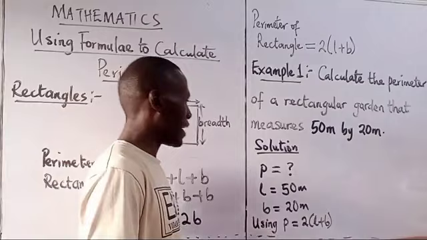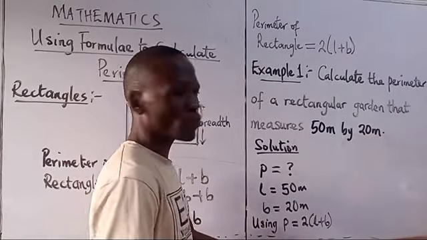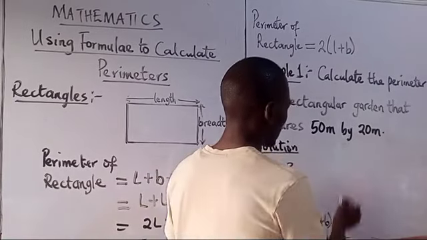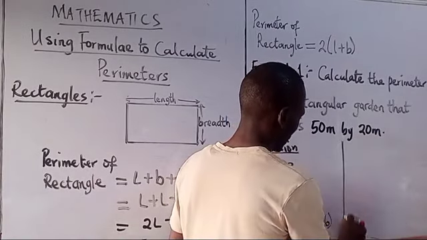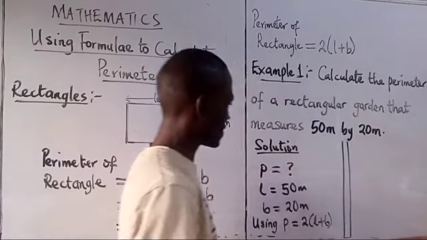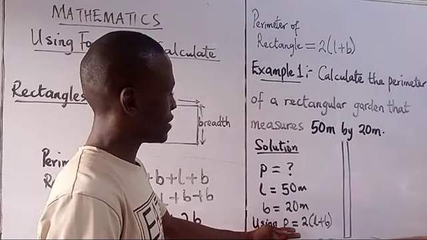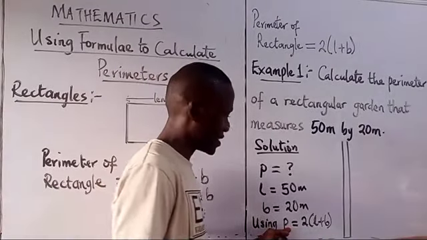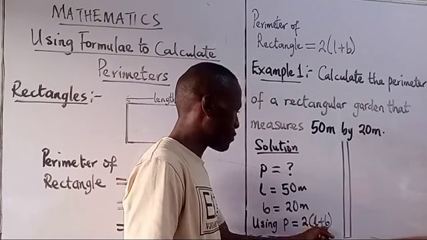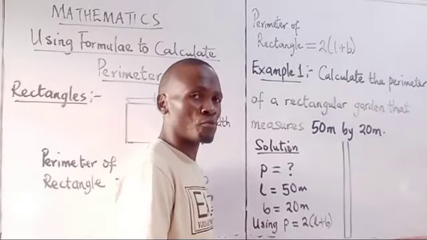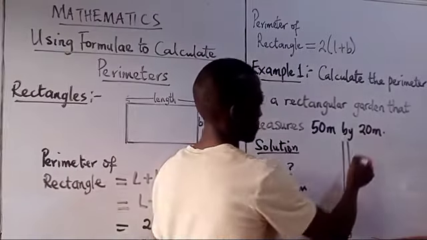All right. Now, using P equals 2 into bracket L plus B, I'm going to divide this space so that we can continue from this side. We are looking for P. We have the value of L and we have the value of B. So we insert those values into the formula as this.